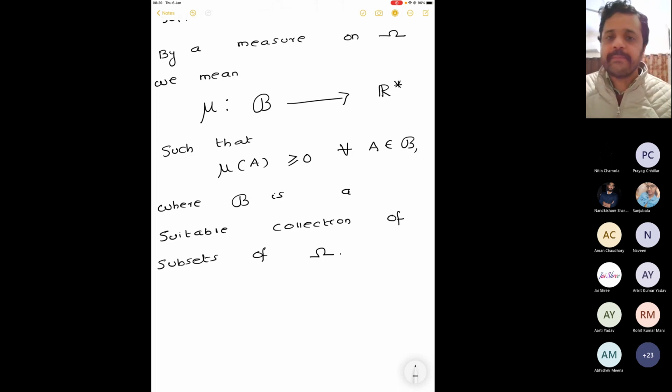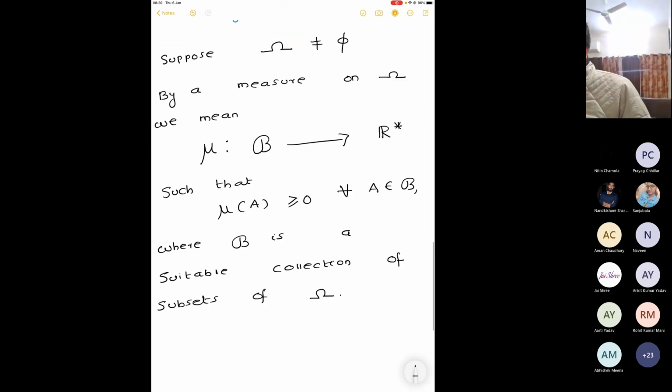Meaning, we should be able to find a function mu from B to R star such that mu of A is greater than or equal to 0 on a suitable collection of subsets. Just mu of A greater than or equal to 0 is not enough. Mu should satisfy certain conditions, and those conditions will be governed by our experience with length, area, volume, and so on.